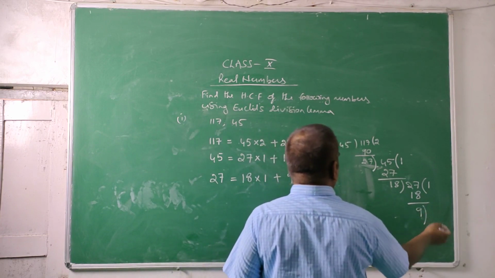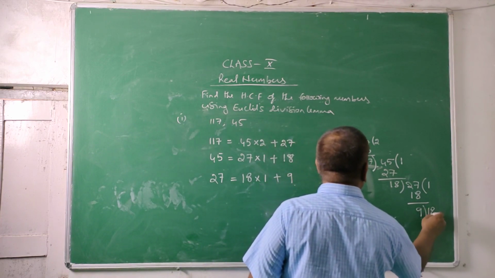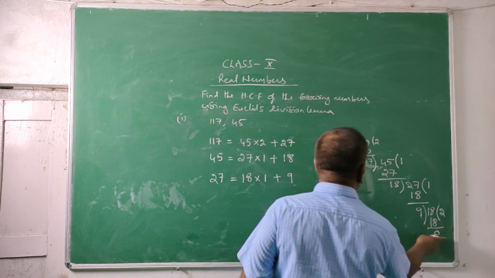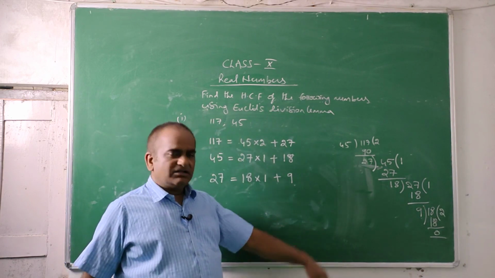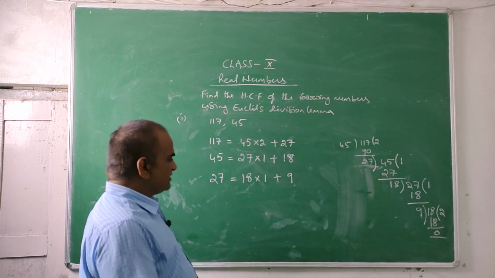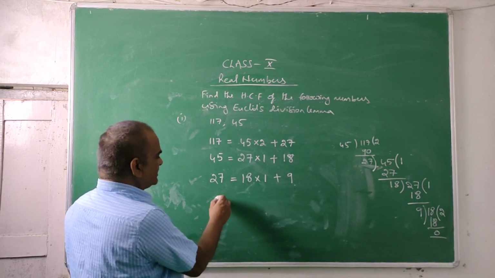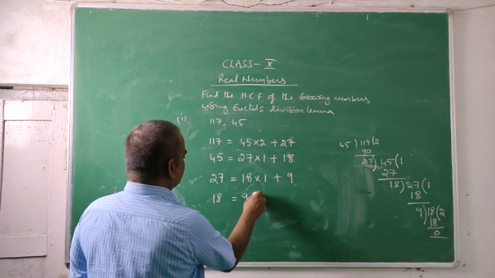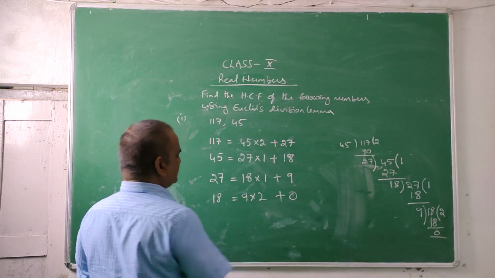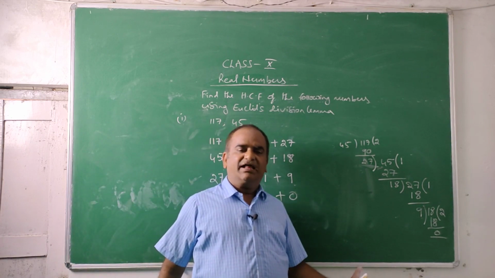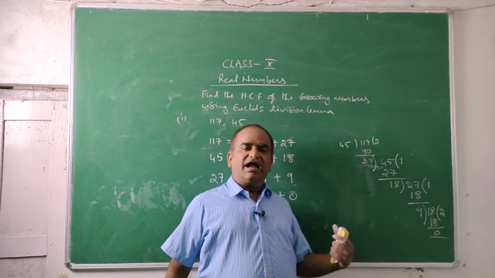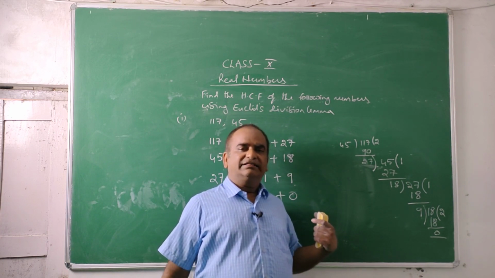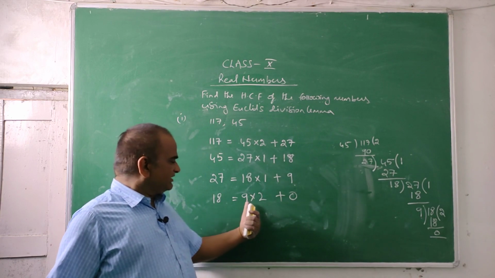Now 9 should be the divisor, 18 should be the dividend. 9 2s are 18, remainder 0. The remainder is 0. So now here 18 is equal to 9 into 2 plus 0. In which step the remainder will be 0? In that step the divisor has to be taken as HCF. So the divisor is 9.